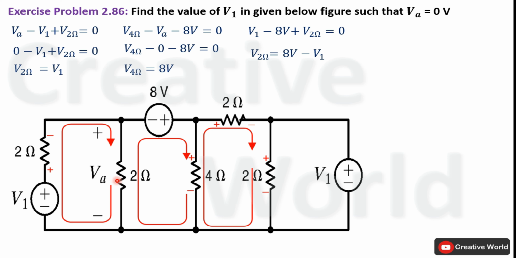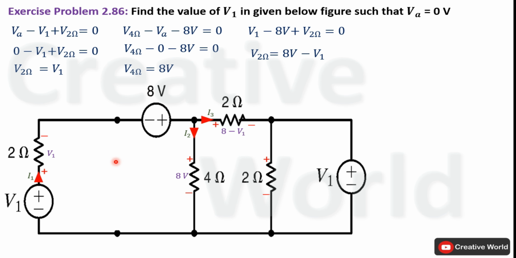So we will modify the network by removing this 2 ohm resistance from the network and indicating all calculated voltages across these resistances. We have removed this 2 ohm resistance, and voltage across these resistances with their polarities are mentioned in this figure as we have calculated in previous steps.